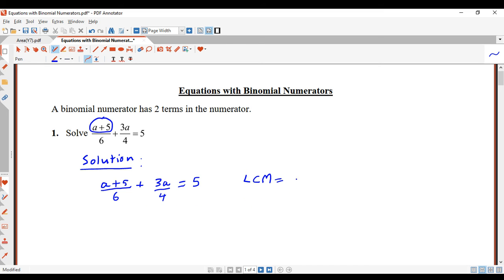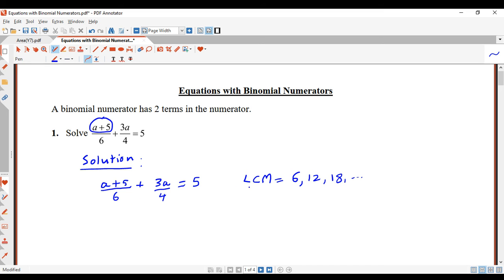The easiest way to do this is to start with the largest denominator, which is 6, and write down multiples of the largest denominator. Then we want to see which is the smallest of these multiples that the 6 and the 4 will both divide into with no remainder.